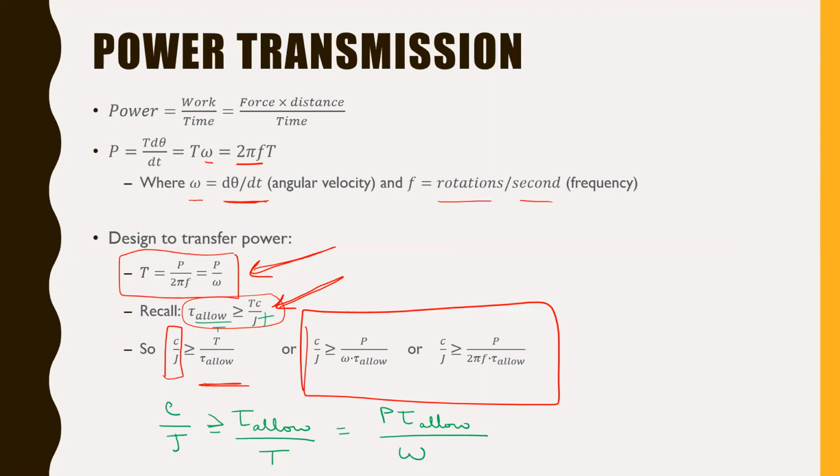I did that wrong. If the torque is on the bottom, the torque is P over omega. So it's like this. So these are flipped. Thank you for pointing that out.